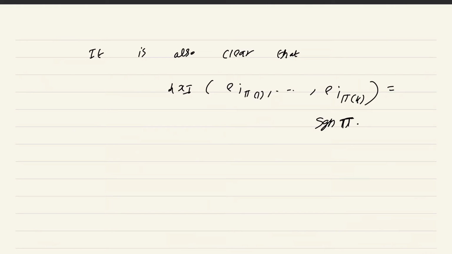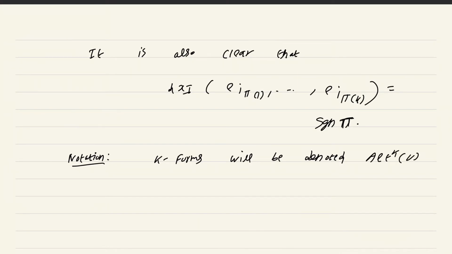Now, notation: K forms will be denoted Alt^k(V). As an exercise, show that Alt^k(V) is a vector space.